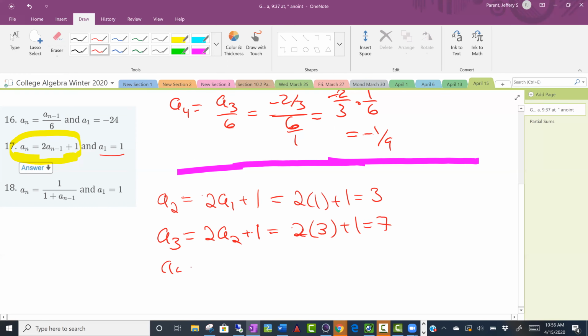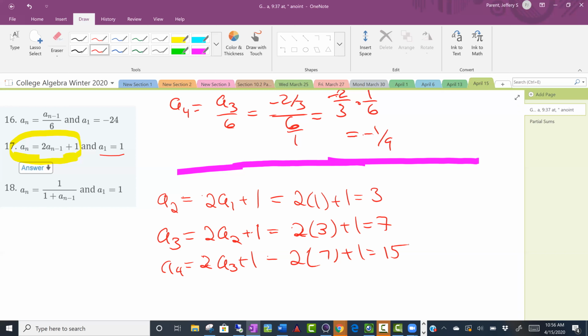A sub 4 would be 2 times a sub 3 plus 1, 2 times 7 plus 1 is 15, and so on. And so that's your recursive sequence. And they're pretty cool. They're very powerful. A lot of computer programming is done with recursive sequences and recursive calls. So it's a really handy kind of idea, definitely.